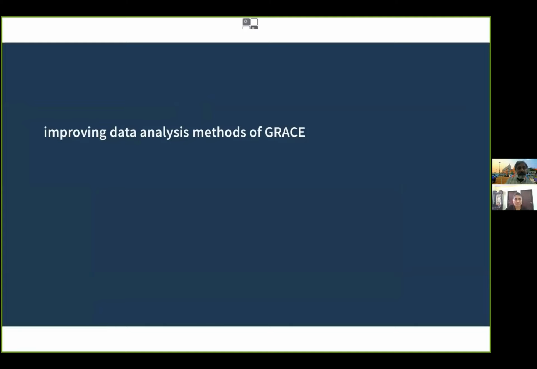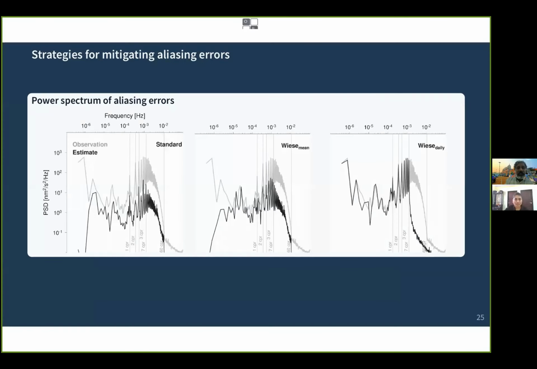Then, of course, the other thing is the satellite measures something and you want to observe it, to extract information out of it. There are several strategies to do it. You could also work on the satellite data directly and try to achieve what you want to achieve.